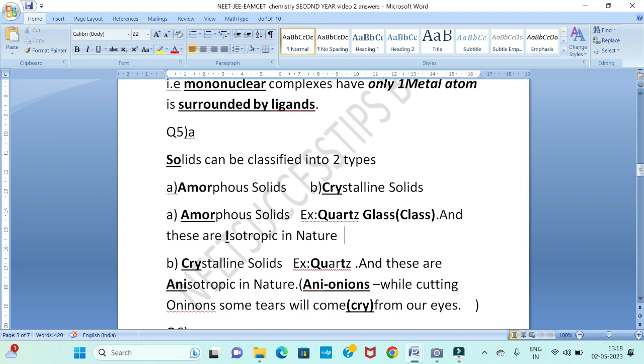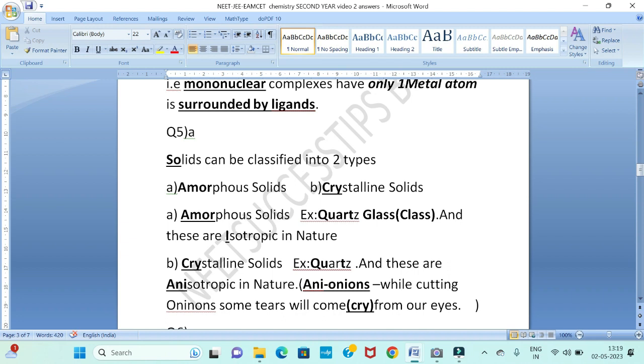Here anisotropic. Anisotropic. Ani means onions. If you cut onions, some tears will come from your eyes. So like crying.